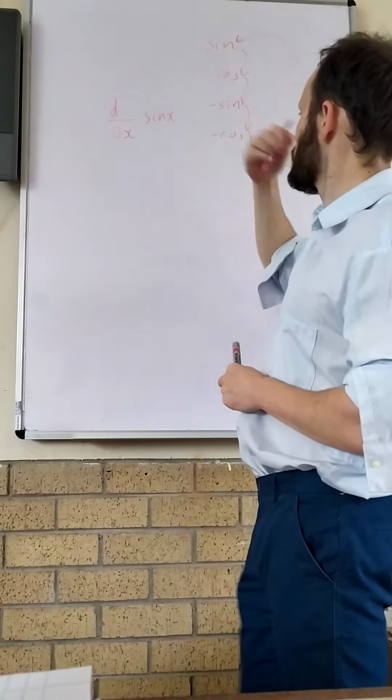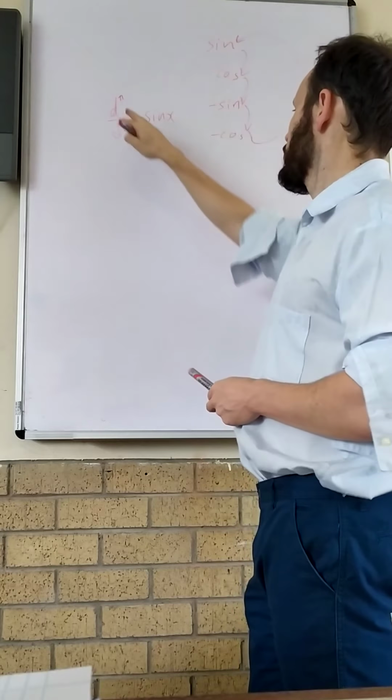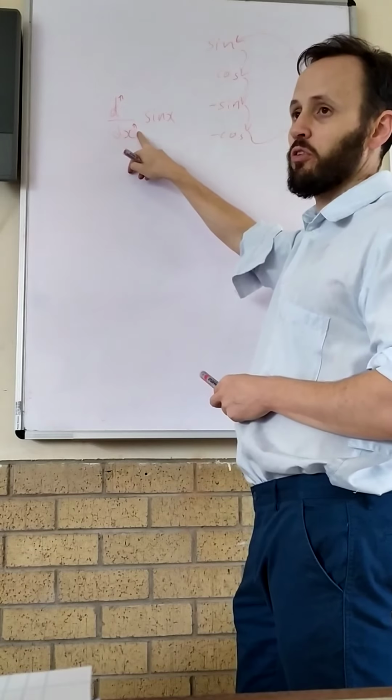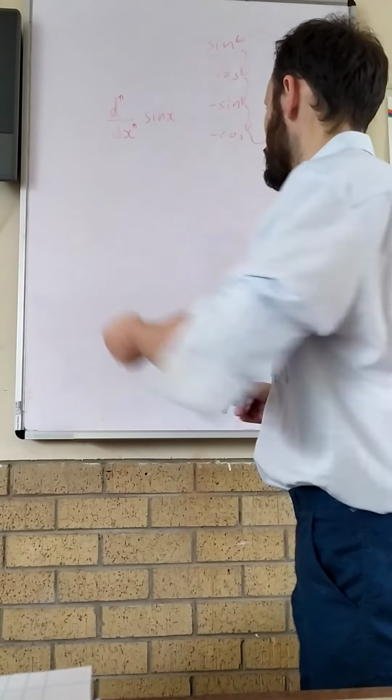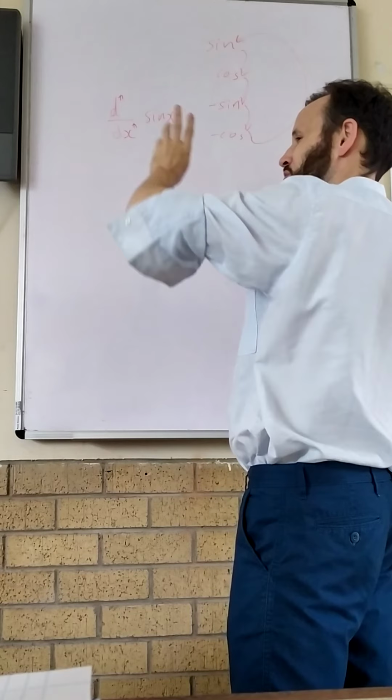But now you put an n up here and an n down there. That means do the derivative n times. So if it's 3, then it's d3 by dx3.